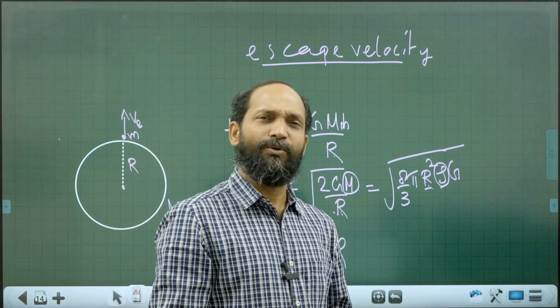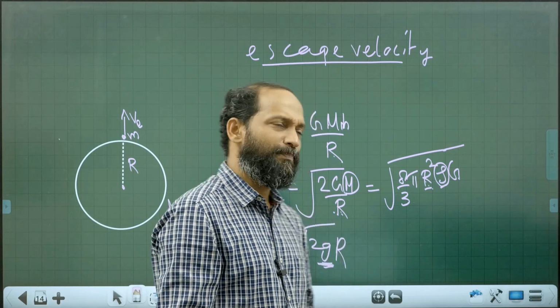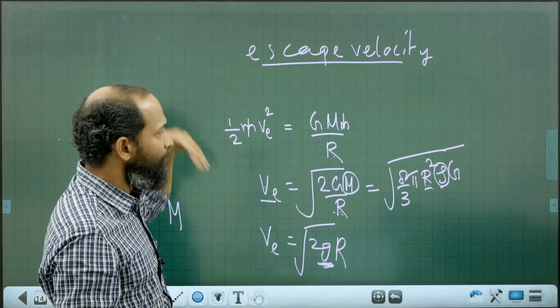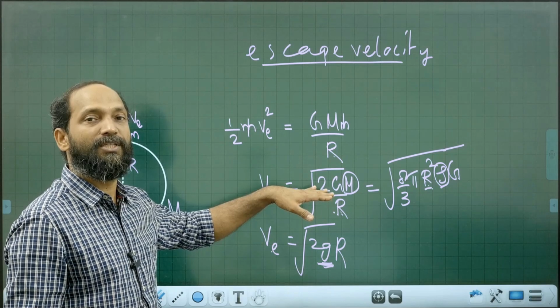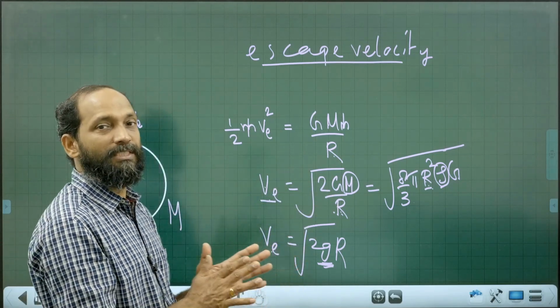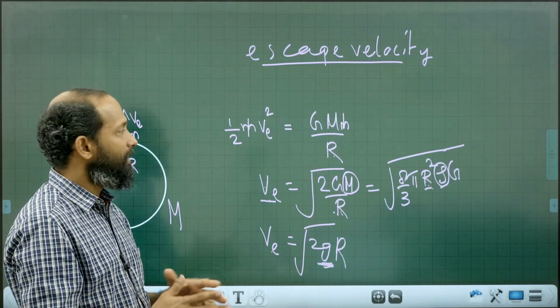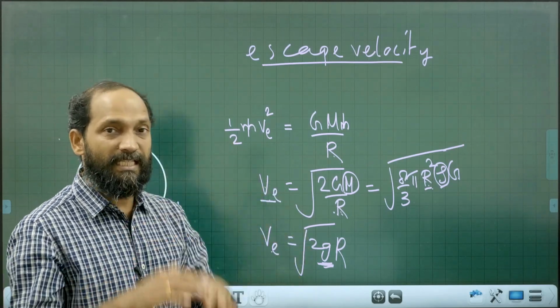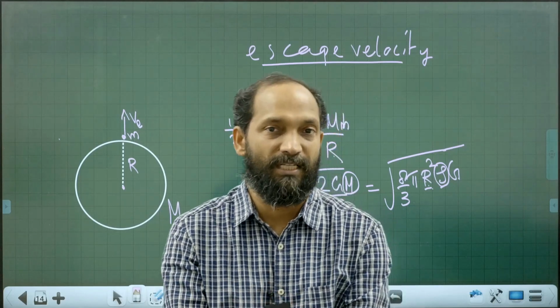Is that the only possibility to escape? No. If the kinetic energy is more than the numerical value of potential energy, it can also escape. But a body projected from the surface does not escape if its kinetic energy is less than the numerical value of potential energy.